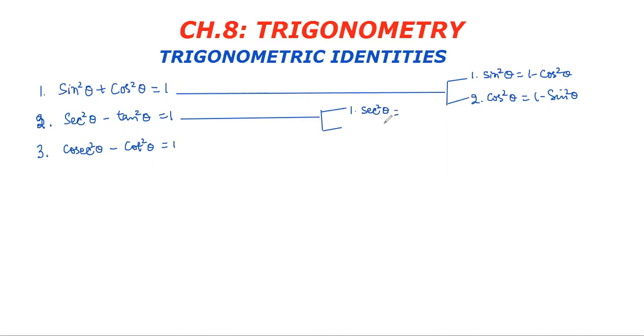Therefore, secant square theta will be equal to tan square theta if you add 1 to it. And similarly, if you want to get the value of tan square theta, to remember it, you will again say that secant square theta is powerful. Therefore, 1 should be subtracted from it so that the two become equal.